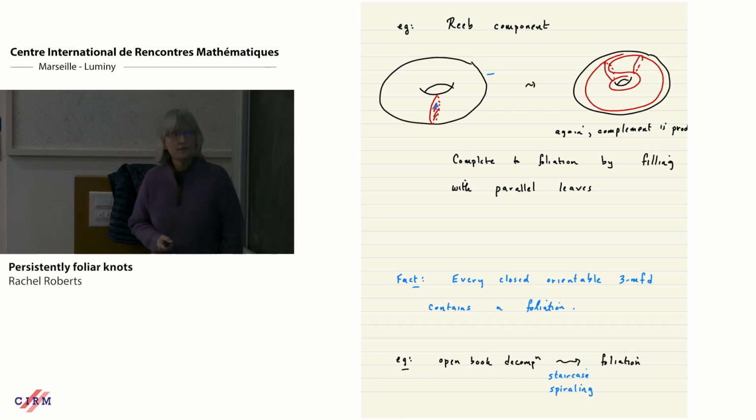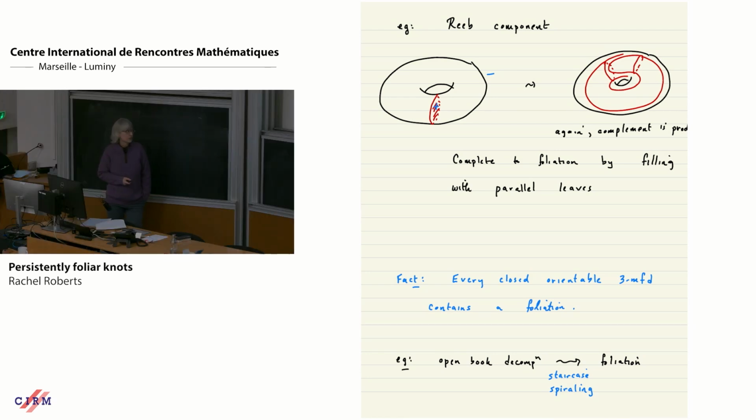And it's a fact, and there are various proofs of this, but let me cheat. We know that every closed orientable three-manifold has an open book decomposition. And we can play this game. We can start with the open book decomposition, so we have a solid torus corresponding to the binding, or maybe multiple solid tori, and we've got the pages of the book, so we've got the fibration.